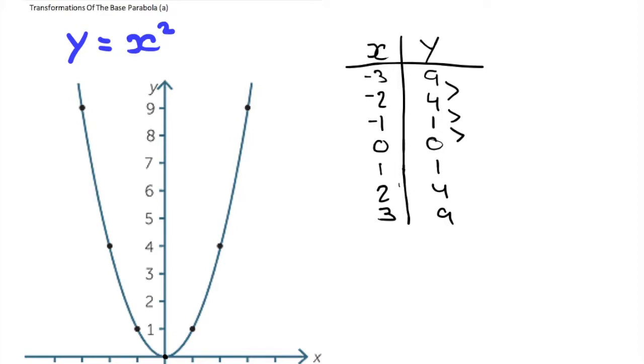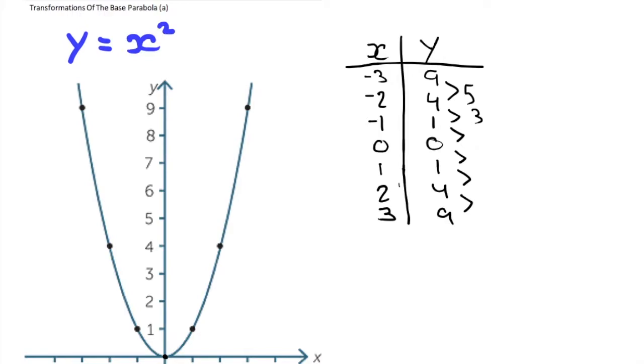If we look at the differences on the y side, we begin to notice a pattern. The difference between 4 and 9, of course, is 5. The difference between 1 and 4 is 3. The difference between 0 and 1 is 1, and so on. Hold on, I think I made a mistake here.